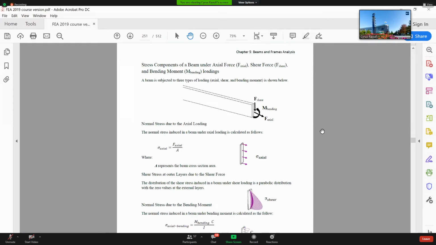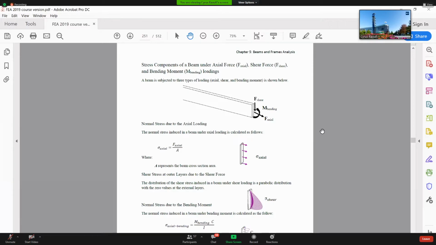Then you have either sigma positive or sigma negative, which is normal stress. We had torque for a one-dimensional beam. If you have torque, it means that all you have is a twist, just torsion.